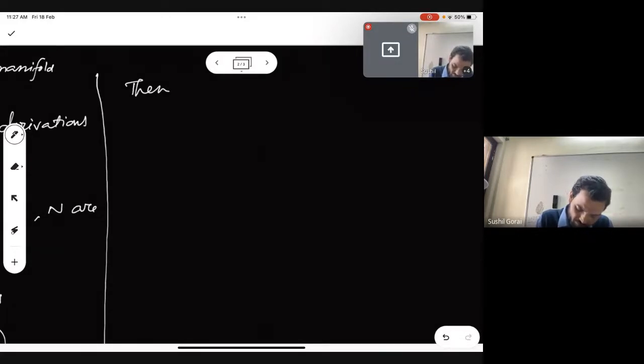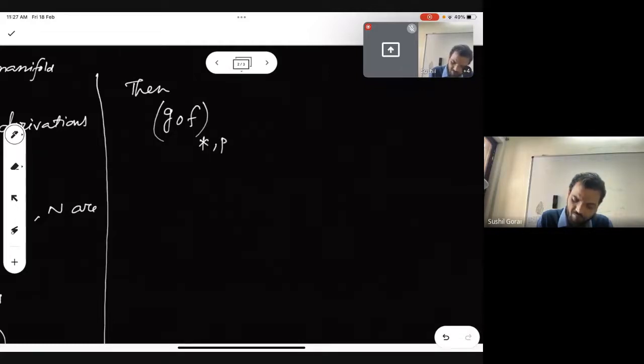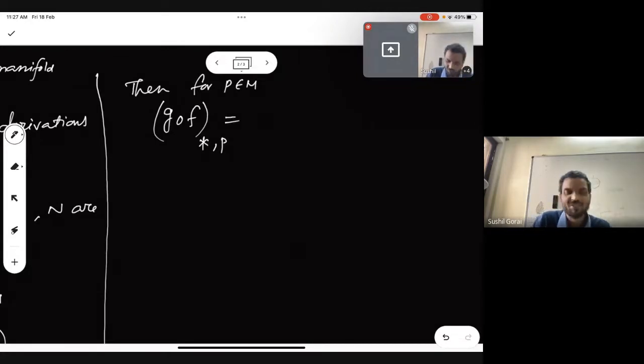(G compose F) star at P, where P is a point in M, is equal to, what will it be equal to? What is your guess? Yeah, can you guess?